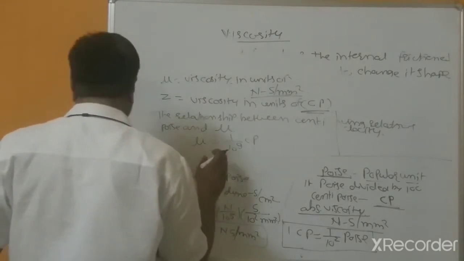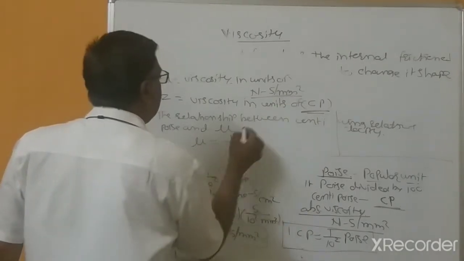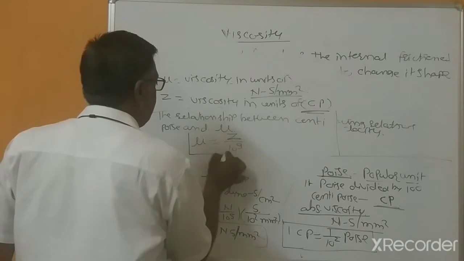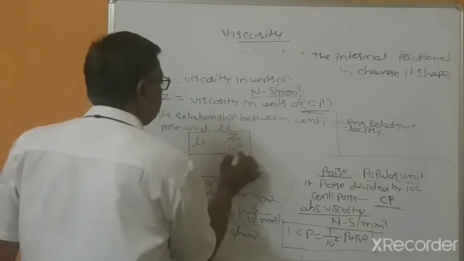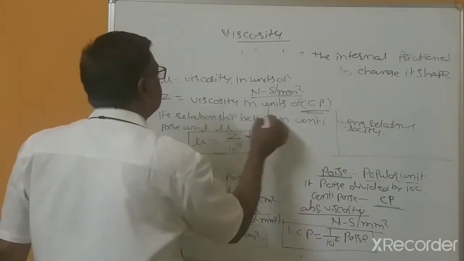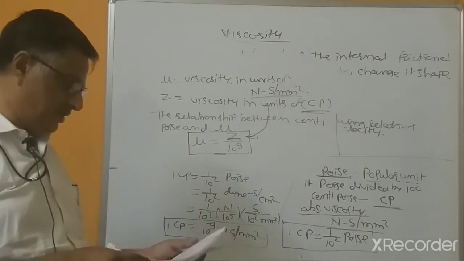This is the relationship between centipoise and mu. This is a popular unit, so try to understand this.